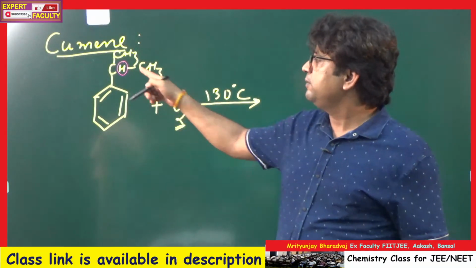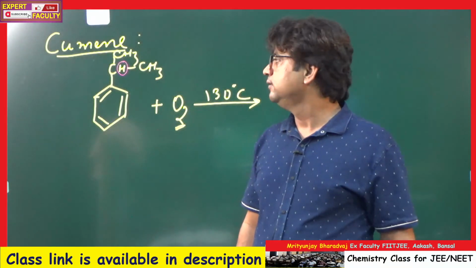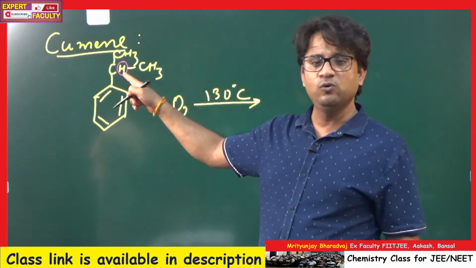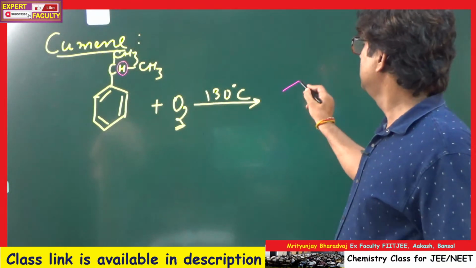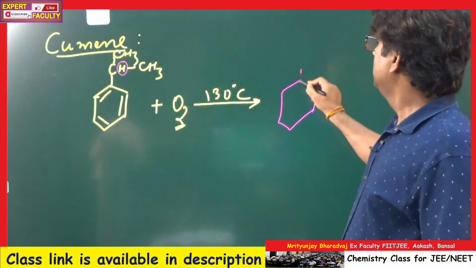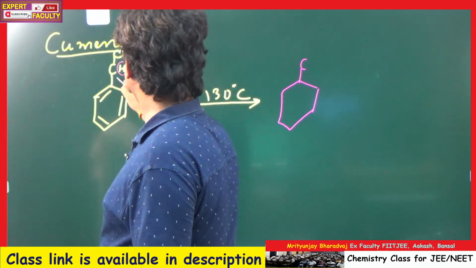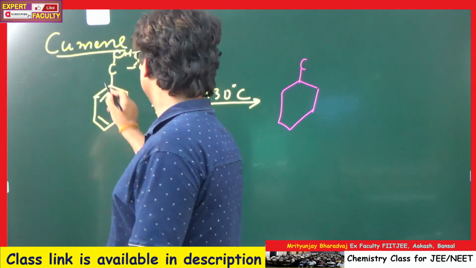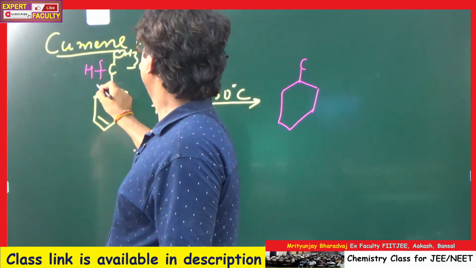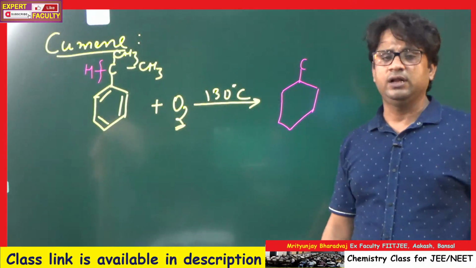If this hydrogen is removed in the form of a free radical, what will happen? Free radical means there will be homolysis. And how do we identify that homolysis will occur? There are two things.